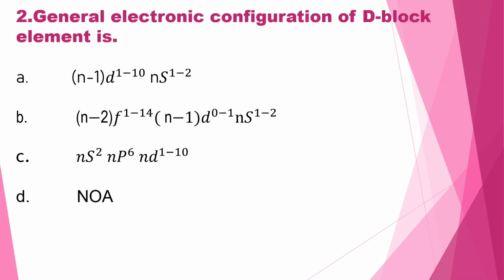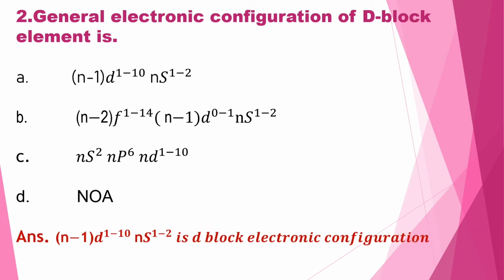Second question: the general electronic configuration of d block elements is. Options are (n-1)d 1 to 10, ns 1 to 2; (n-2)f 1 to 14, (n-1)d 0 to 1, ns 1 to 2; ns2 np6; and d 1 to 10; and none of the above.